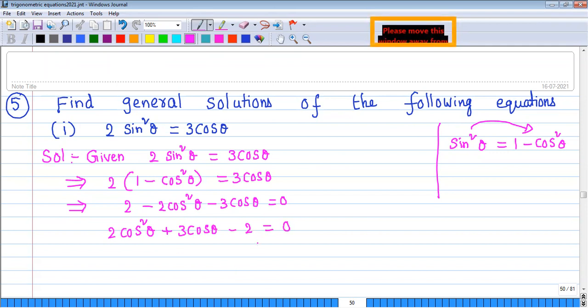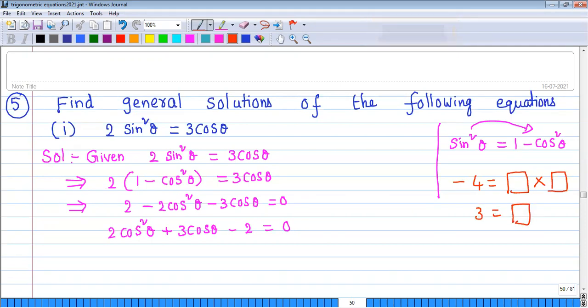We need to solve it. How to solve? It's very simple. Minus 2 into the cos square theta coefficient 2 will be negative 4. This negative 4 we need to write as a product of two numbers. The cos theta coefficient is 3, so the sum of the two numbers must be 3.